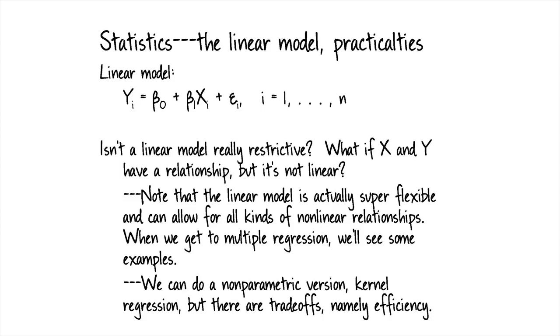The trade-offs mostly come in the form of efficiency. A linear regression is going to be a much, much more efficient way to estimate a relationship than a kernel regression. The kernel regression is infinitely flexible in some sense, but you pay for it because it's not an efficient estimator at all, really.